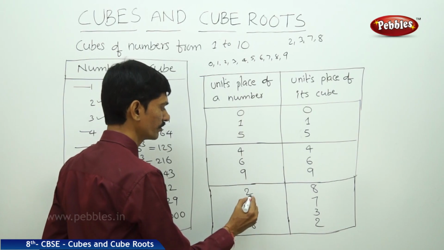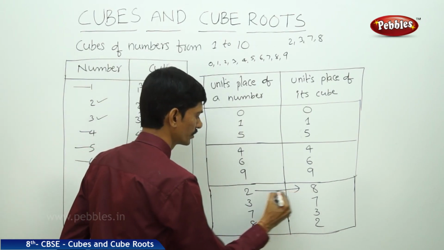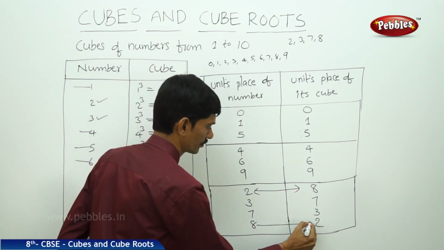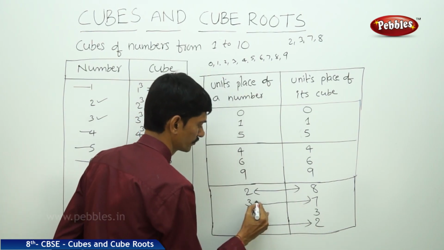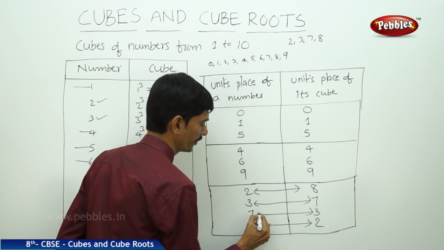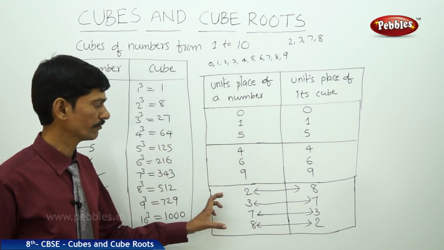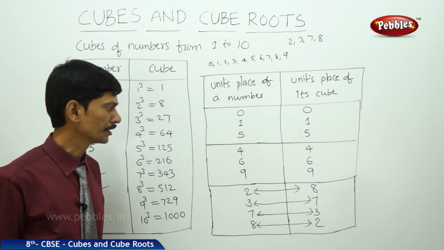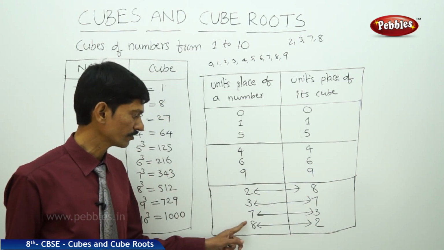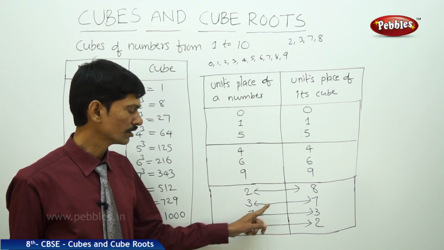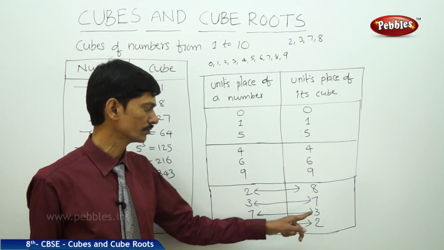Now here we can observe the pairs 2 and 8, and 3 and 7. If the units place of a given number is 2, then the units place of the cube is 8, or if the units place of the given number is 8, then the units place of the cube is 2.